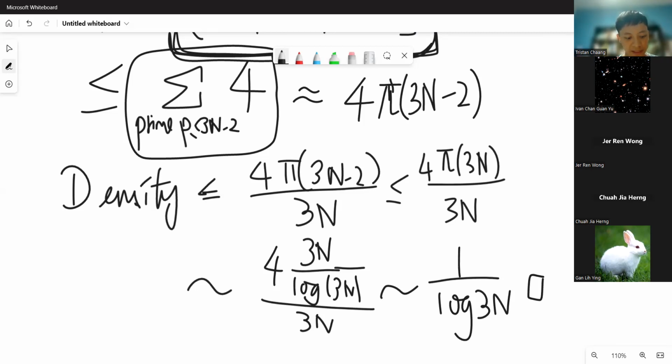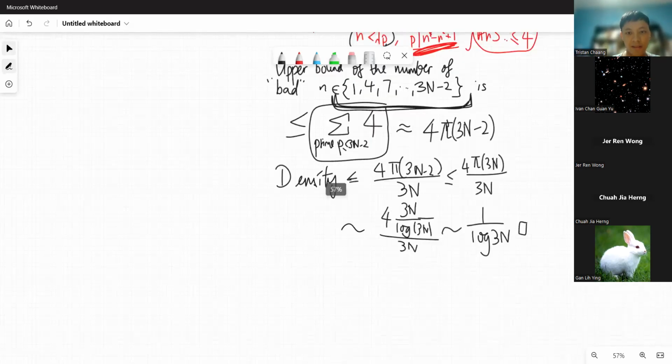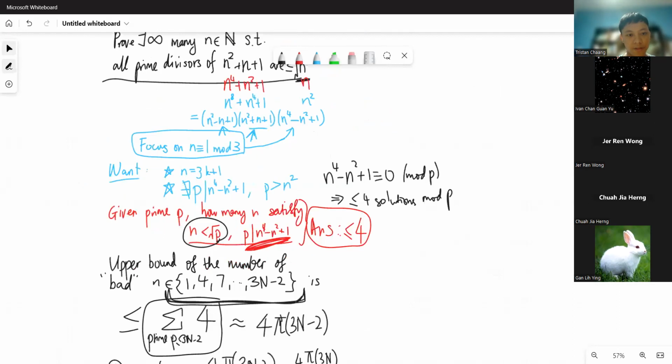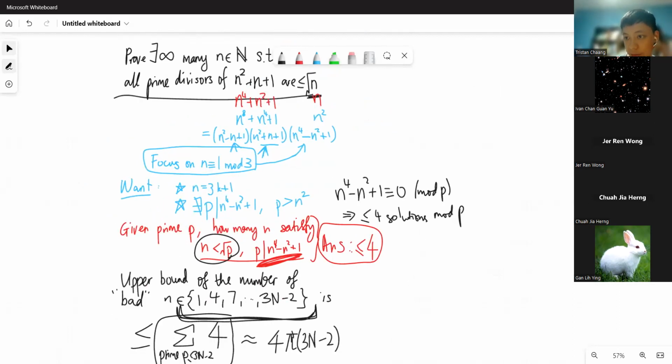So does that make sense? What we've done so far is to reduce it to a smaller problem about primes, and then we look at it from the point of view of primes. For each prime, how many numbers do we want to prohibit? And the answer is at most 4. Let me draw this out if some of you are still confused.